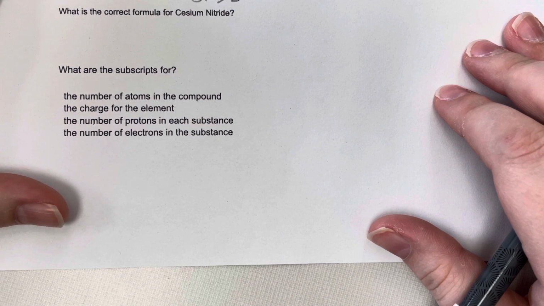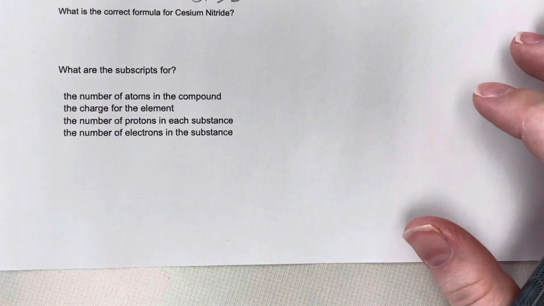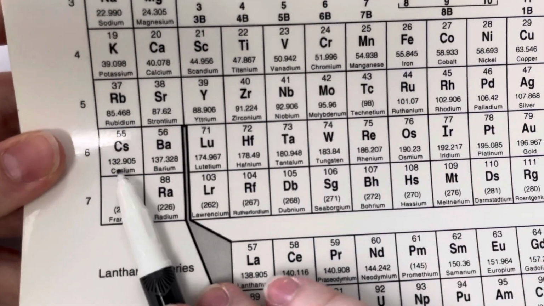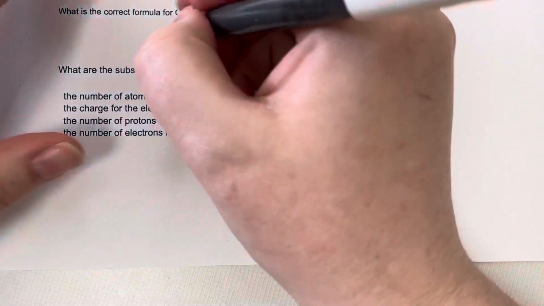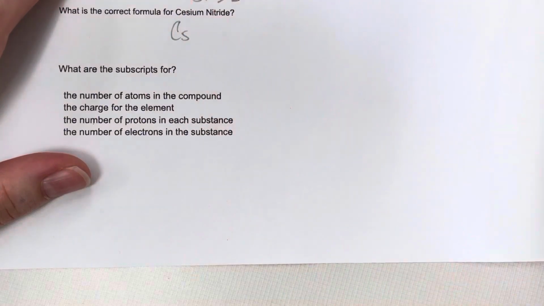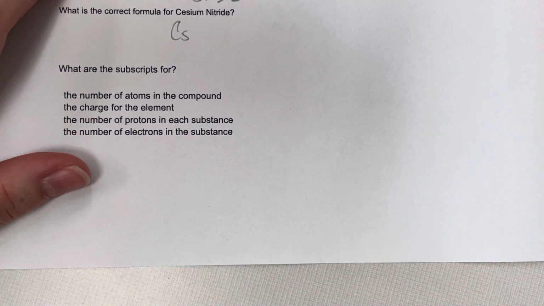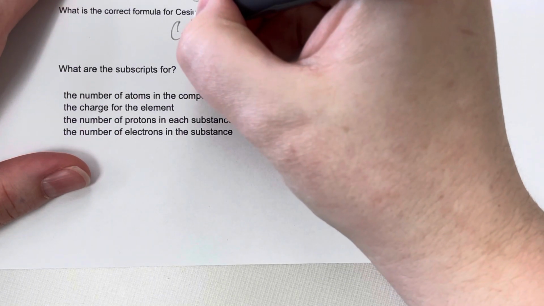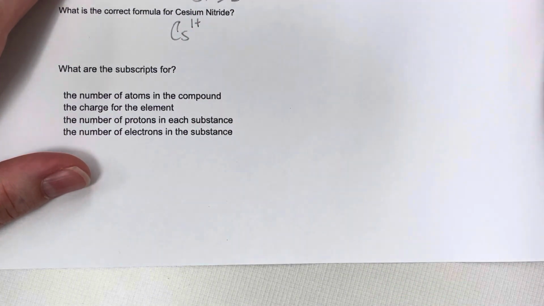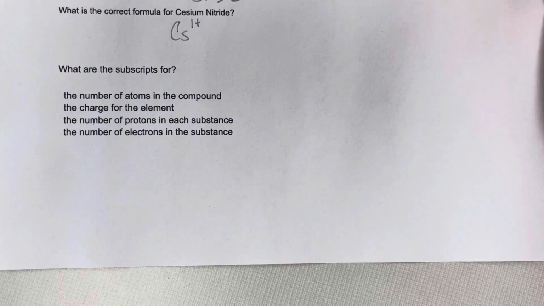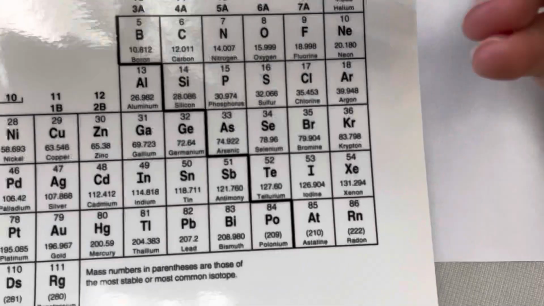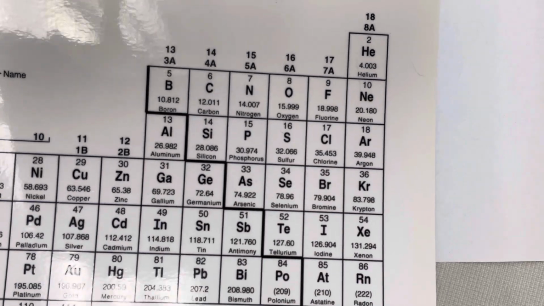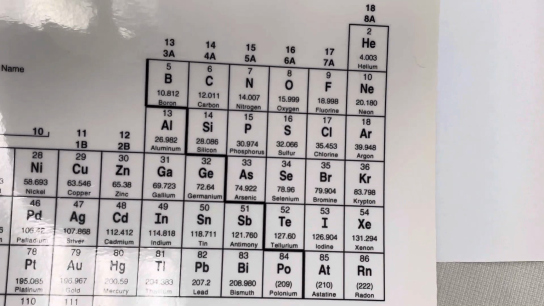What is the correct formula for cesium nitride? So first I'm going to figure out who cesium is. Cesium is element symbol Cs. It is in the first column, which means it has 1 valence electron. Having 1 valence electron means that I'm going to give away that 1 valence electron. Giving a gift is a nice thing to do, so I'm going to have a +1 charge. Nitride is secretly nitrogen. Nitrogen is element symbol N. It's in column 5, which means it has 5 valence electrons.